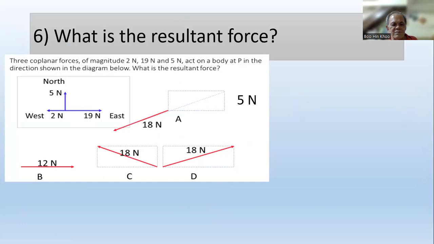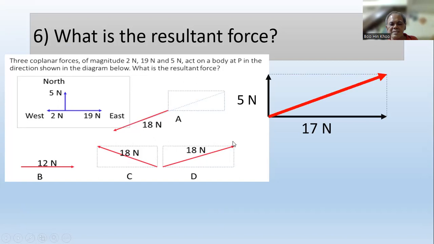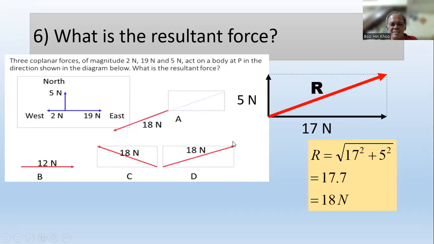What is the resultant force? Go with this one first. 19 is greater than 2, so it should be 17 here. And 5 is still one direction, only one vector there. 19 minus 2 is 17. Complete the rectangle, so that's the resultant R.